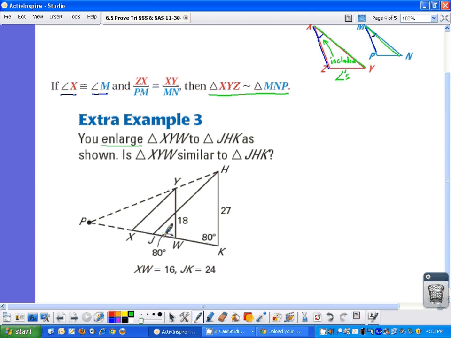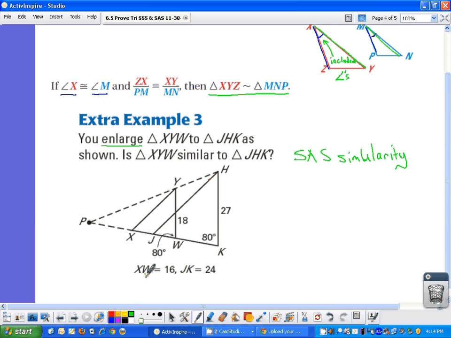So, is triangle XYW similar to JHK? We are going to use side-angle-side similarity to make the comparison and make that decision. First of all, let's see what information they've given to us.